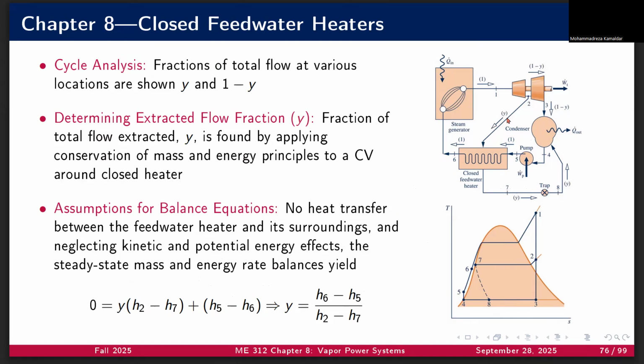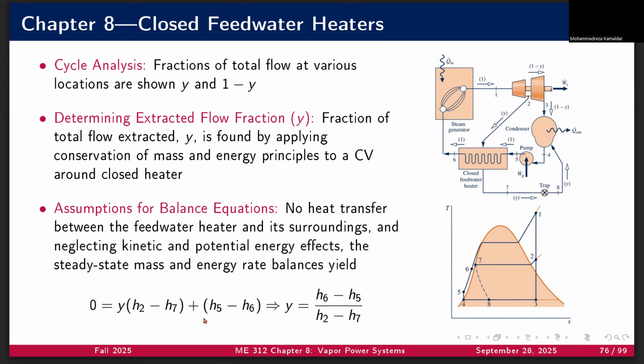This is steam coming from the first stage of the turbine, so H7 is obviously less than H2. So H2 minus H7 is positive. However, H5 is less than H6 because we are heating this water. So H5 minus H6 is negative. So this is positive, this is negative. They cancel each other and the result is 0. So this is a simple energy balance.